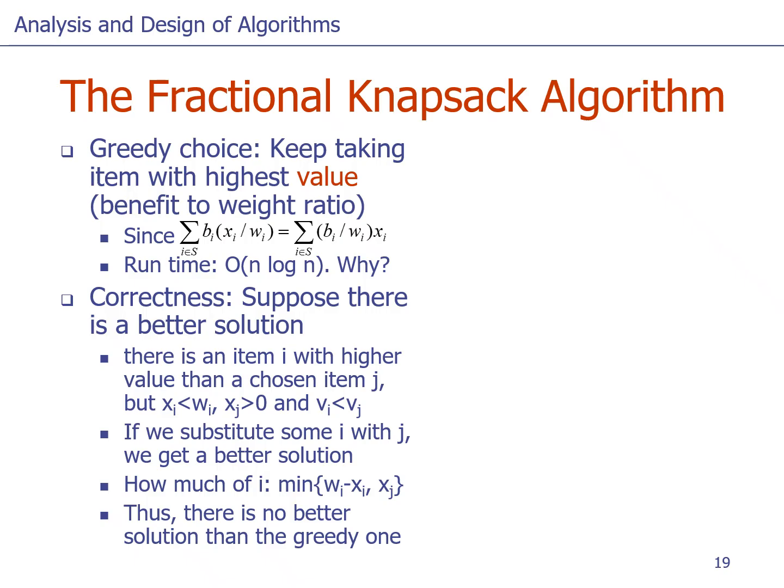Okay? Suppose, by contradiction, there is a better solution. There's an item I with higher value than a chosen item J. So in other words, if we substitute I with J, we get a better solution. But where would that have resided?